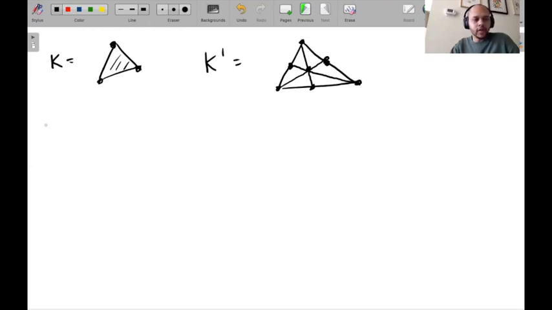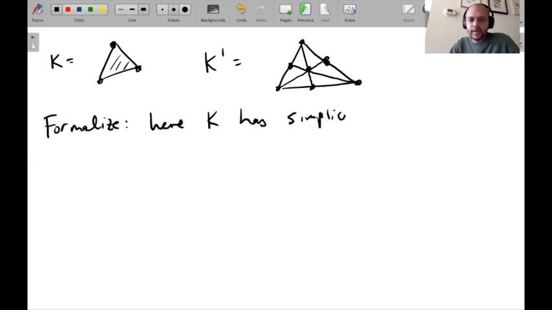Right, so to formalize this procedure, here K has simplices, so let's label these vertices 1, 2, 3. Remember, a simplex is a subset of the vertices.